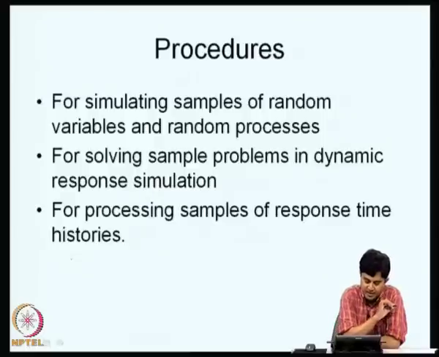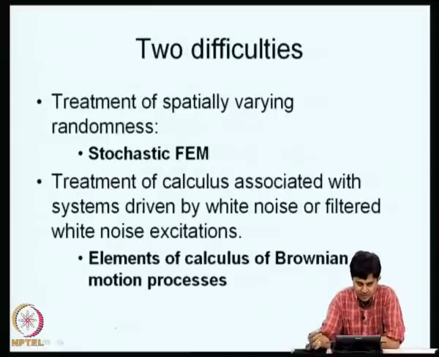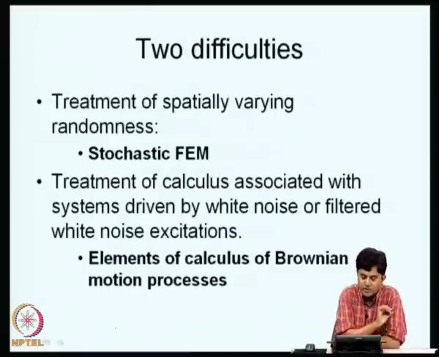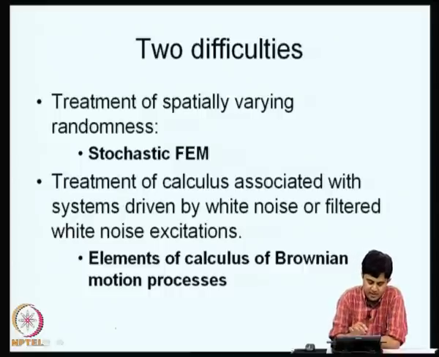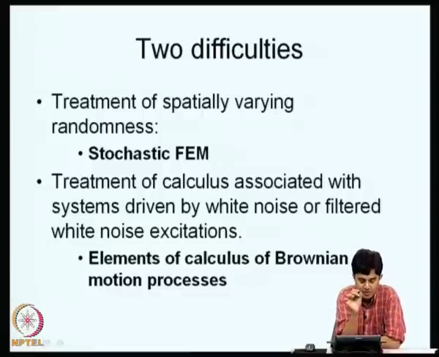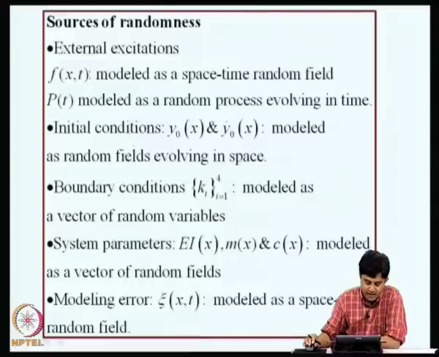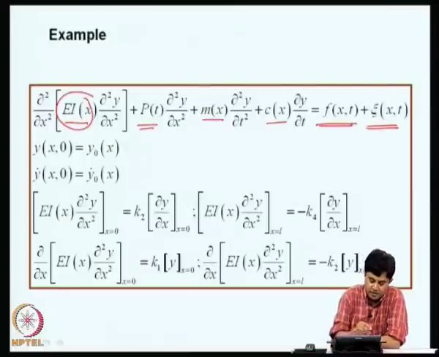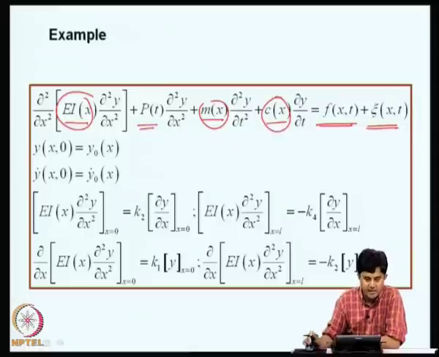So, in implementing Monte Carlo simulation procedures, we could ask, where do the difficulties actually arise? Given the coverage of topics in this course, there are two difficulties that still remain. One is the treatment of spatially varying randomness. I talked about flexural rigidity being a function of x, mass per unit length being a function of x, etc., and these quantities appear as coefficients in the governing differential equations, and they could vary in space.